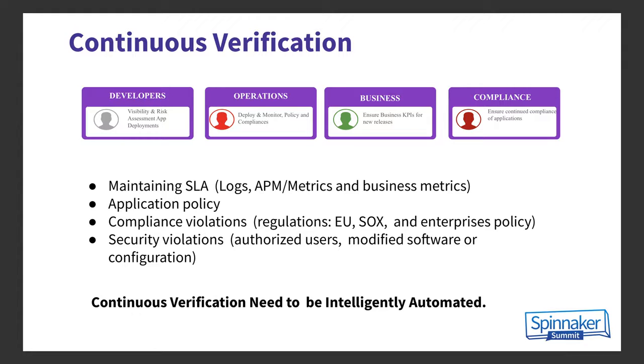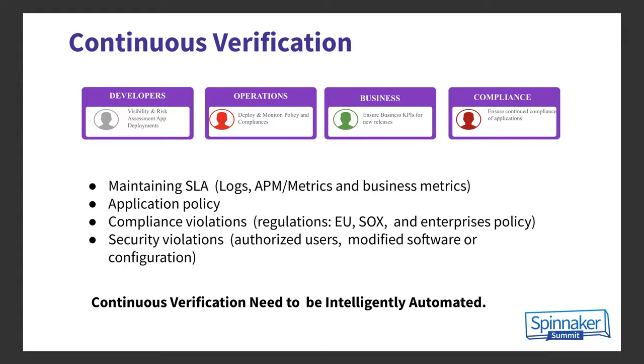So continuous verification should be about maintaining SLAs. We should be able to look at logs, APM, metrics, and business metrics. It should handle application policies: being able to say this application has this set of rules and regulations, and I need to enforce them as part of our pipeline.